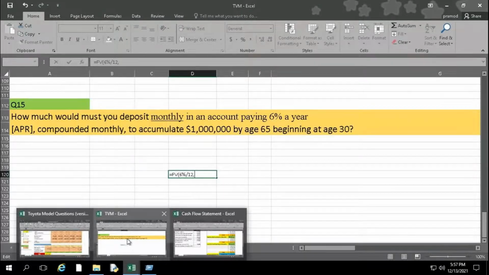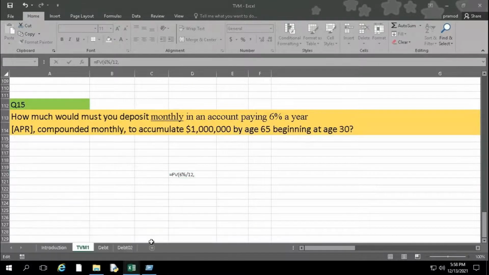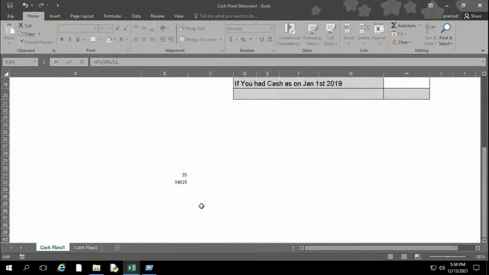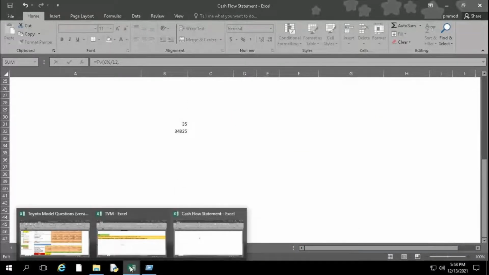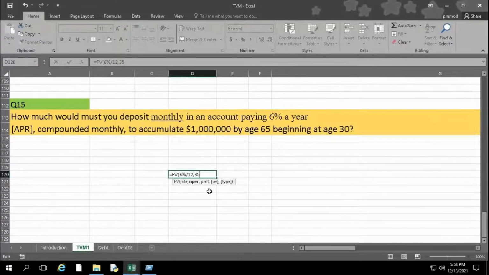So we subtract from 65 the age of beginning, the age of 30, and we will take 35 years, 35 into 12 months, comma, no payment, comma, your present value, 10 lakh. Type is at the end of the period, so zero.